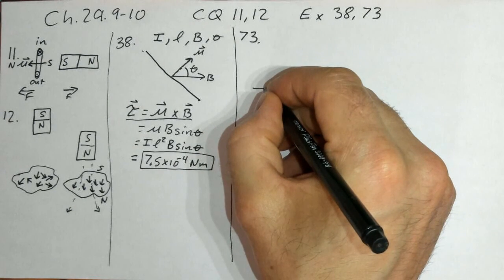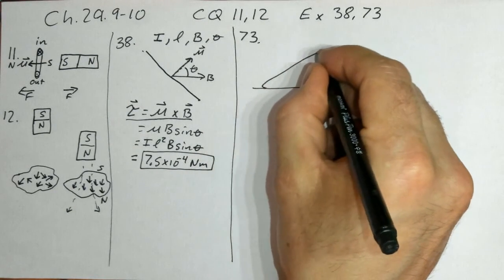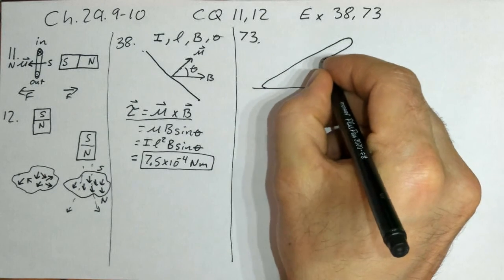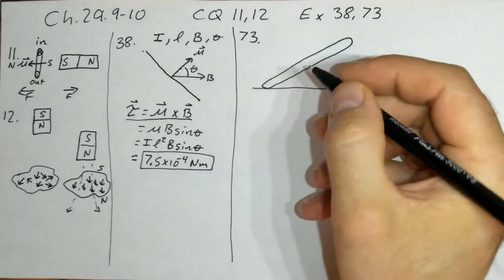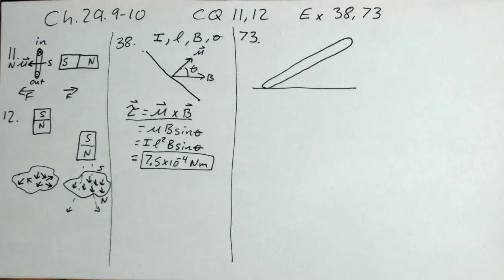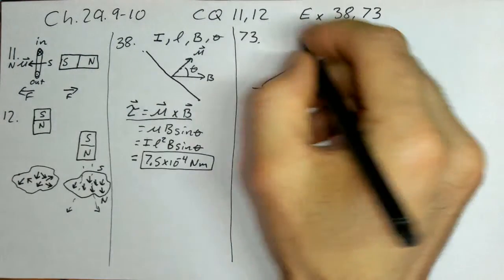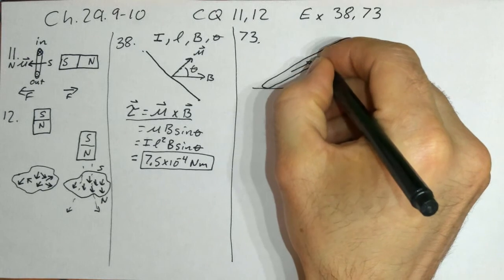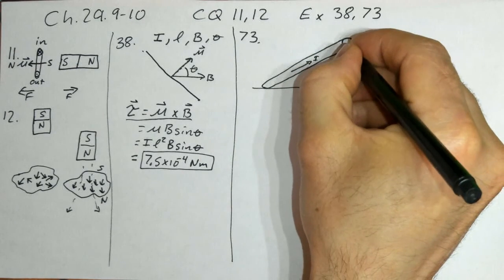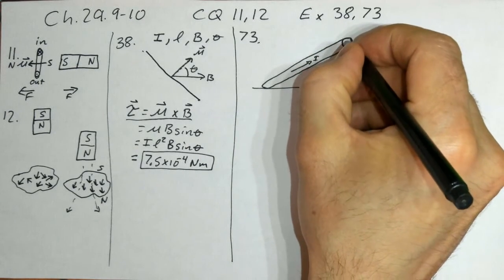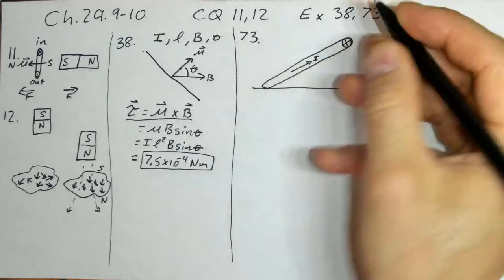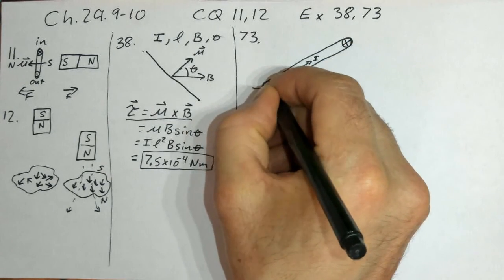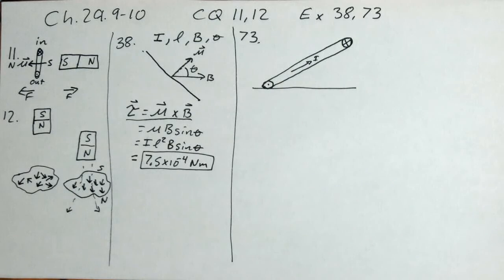Here we have a wire loop, and the current is flowing this way in the loop, which means at the top of this square loop it's flowing into the page, and at the bottom of the square loop it's flowing out of the page.